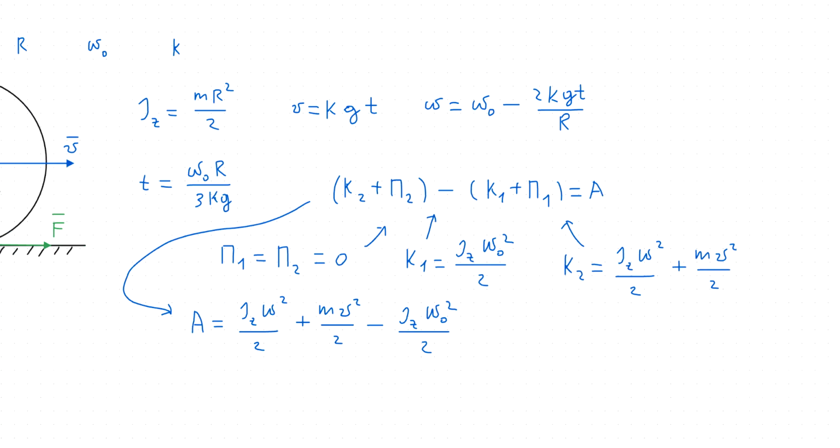First of all, it is necessary to write m k to the power of 2, g to the power of 2, t to the power of 2, divided by 2, plus IZ divided by 2.